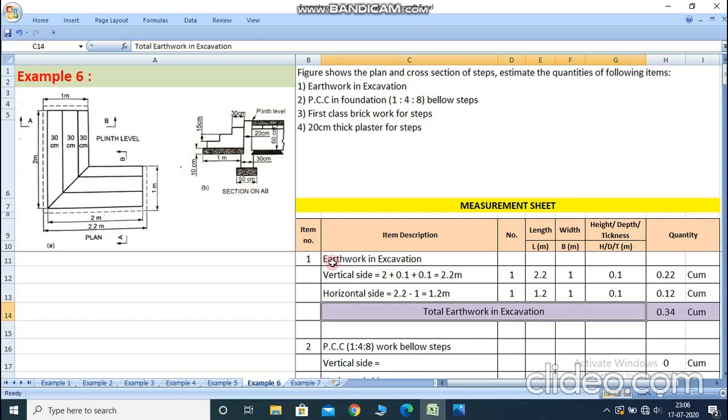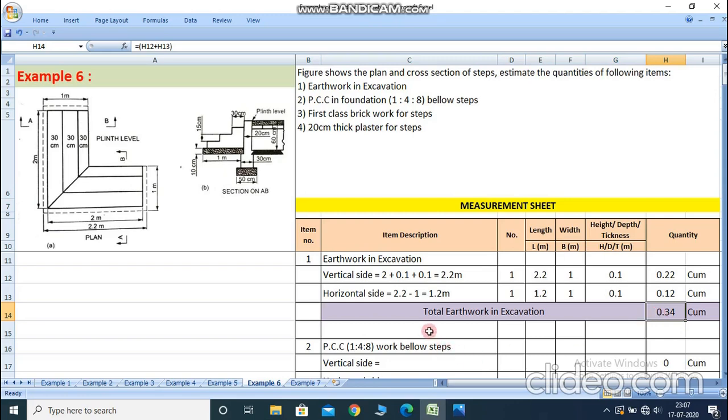So the total earthwork in excavation is 0.22 plus 0.12. See this value 0.22 and 0.12. So the total summation is 0.34 cubic meter. This is the final answer for the total earthwork in excavation.